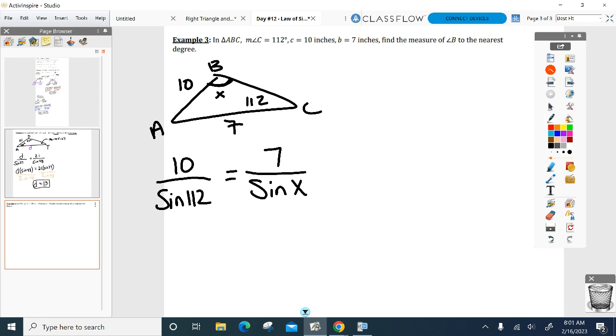Now we move on. Cross multiply now. 10 times sine x equals 7 times sine 112.